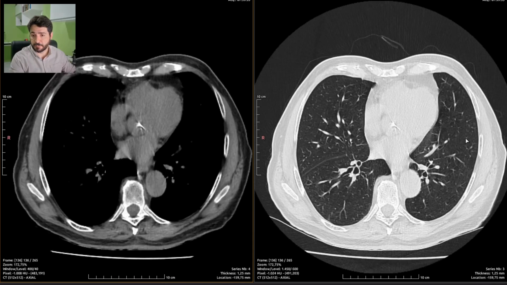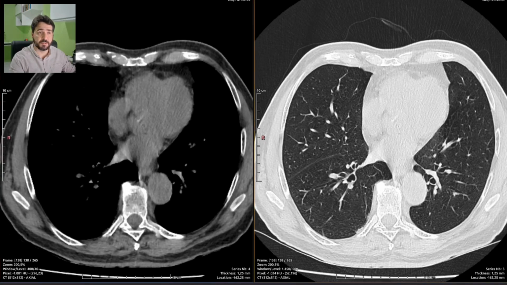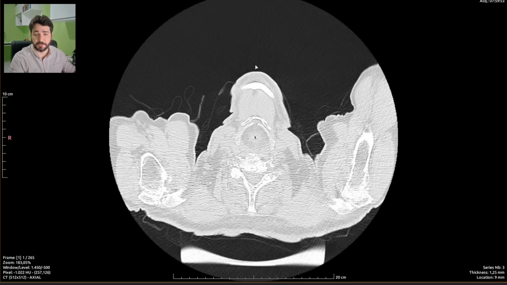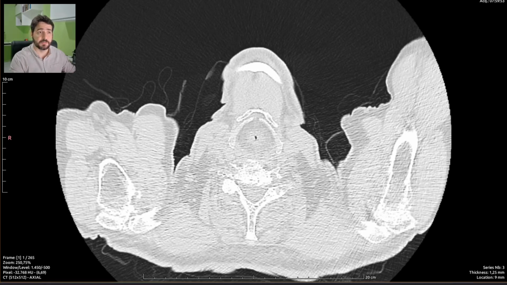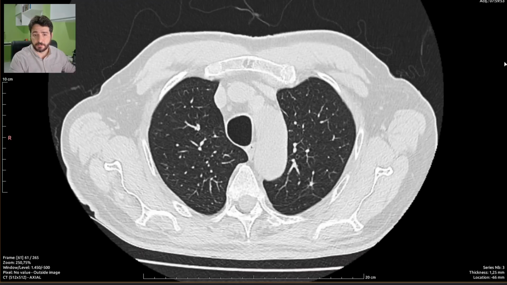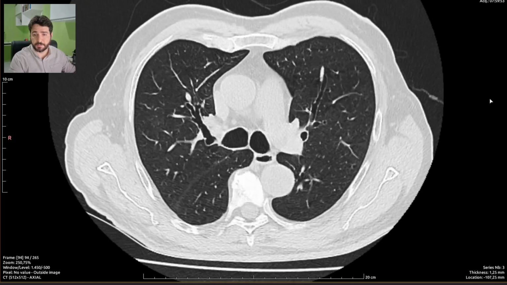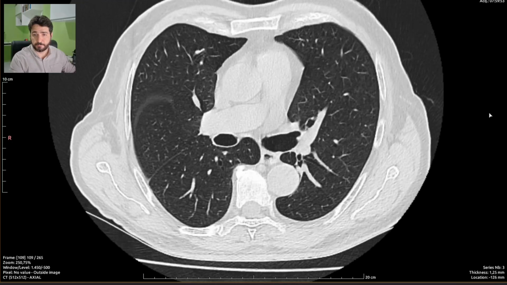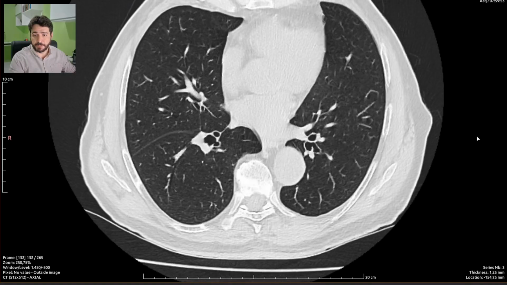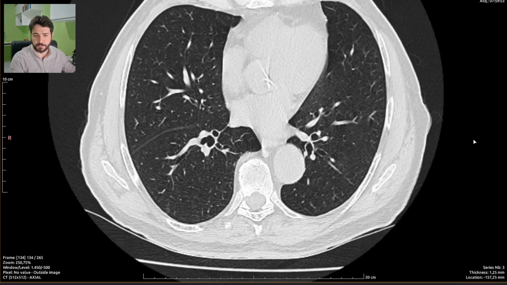So there are some very tiny spots of emphysema which are very difficult to see unless you are actually looking for it. If you aren't really looking for emphysema, it's really difficult, excuse me, to find it.